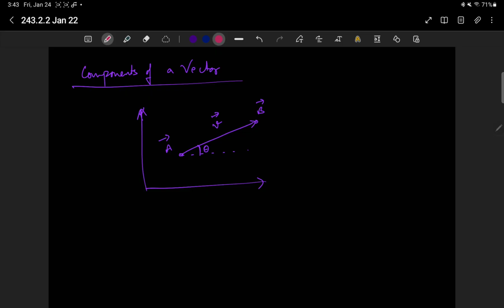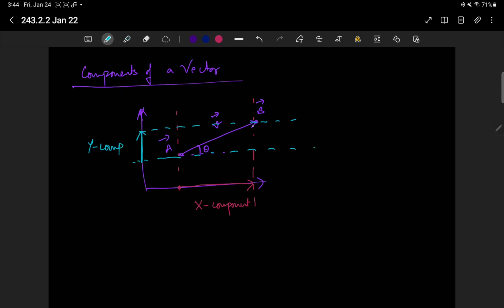Now, you can think of the x component as what happens if I project this down to the x-axis. So basically, we are talking about this side. And we talk about the y component as what happens if I flatten this vector in the vertical direction. Then it becomes this arrow on the y-axis, which is called the y component.